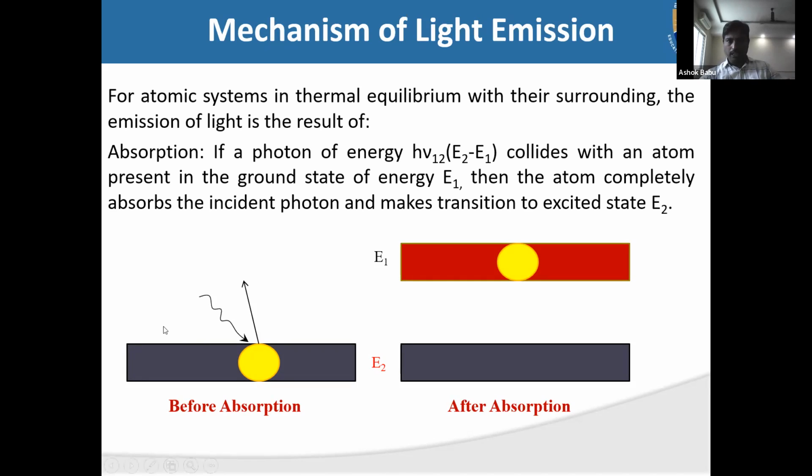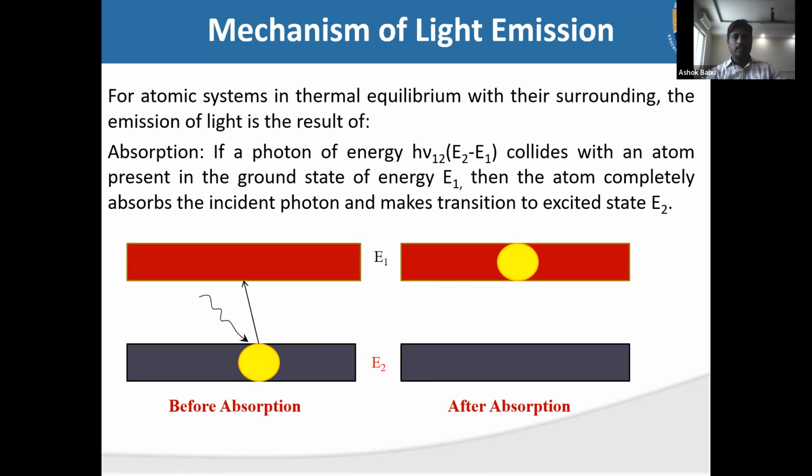Here I mistakenly labeled the levels: the ground state is E1 and the excited state is E2. Please correct it. The atom completely absorbs the incident photon and makes the transition to the excited state E2.